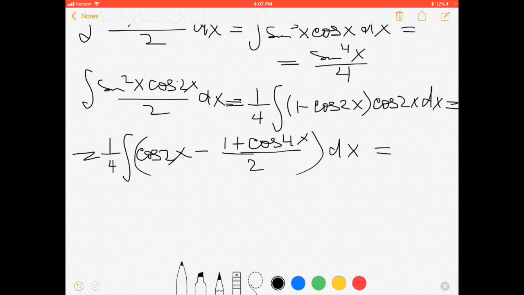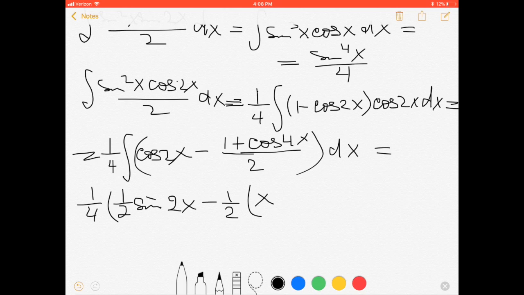And all of them will be 1/4. Integral from cosine, this will be sine. This means here I have 1/2 sine 2x. And then you have minus 1/2. Oops. And inside, integral from 1, it will be x. Integral from cosine 4x, it will be sine.